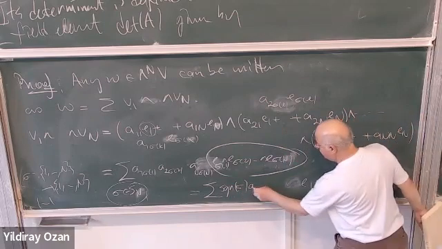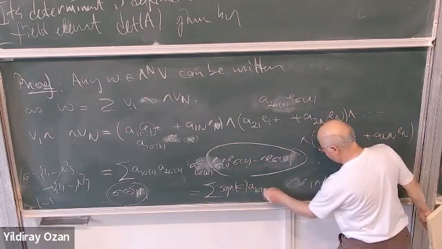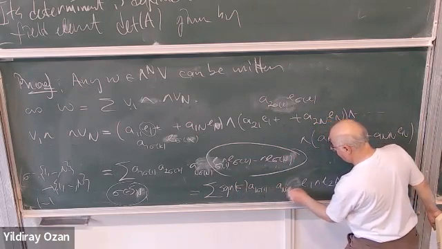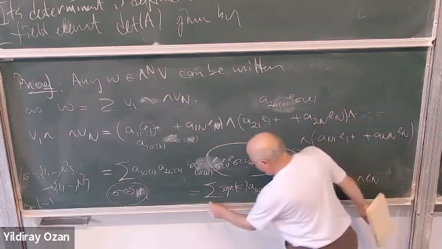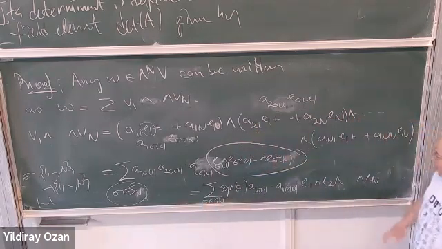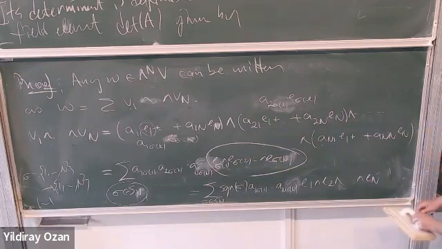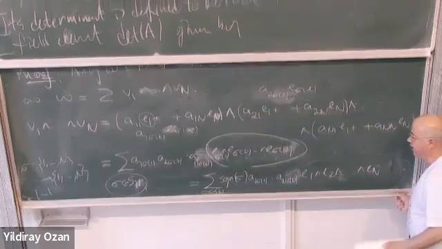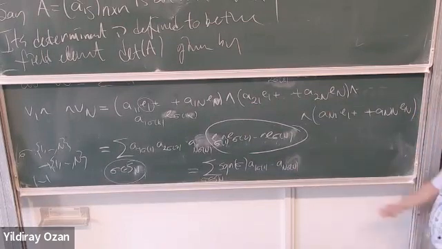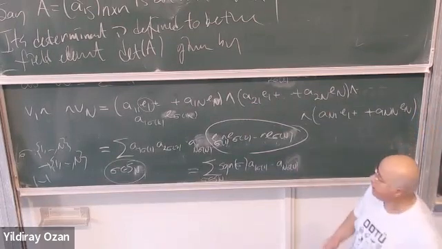And then you have A_{1,sigma(1)} ... A_{n,sigma(n)}, and a summation over all permutations. Then the determinant of A is just this, erasing this part. Determinant is just this, okay?